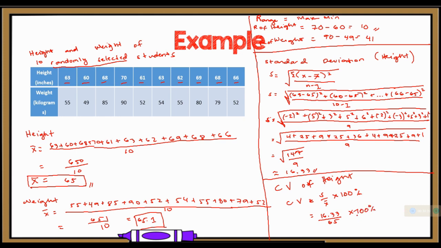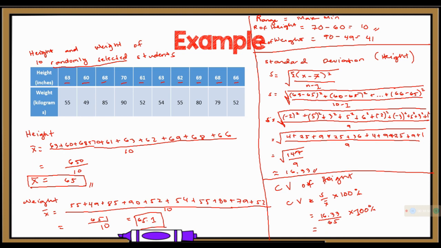Kuha tayong calcu. 16.33 divided by 65, we have approximately 0.2512.